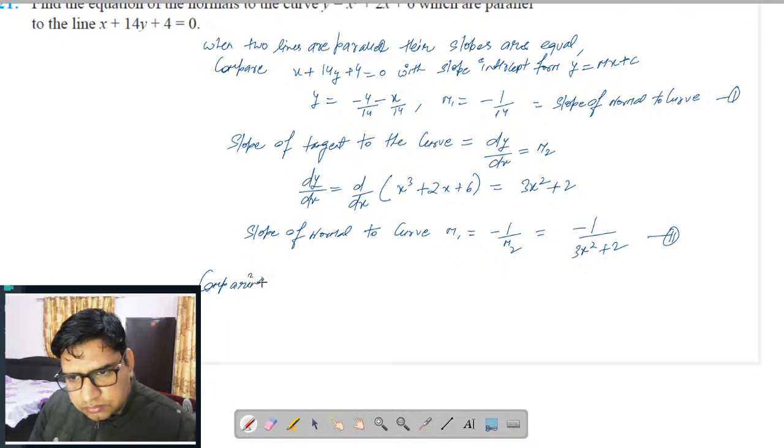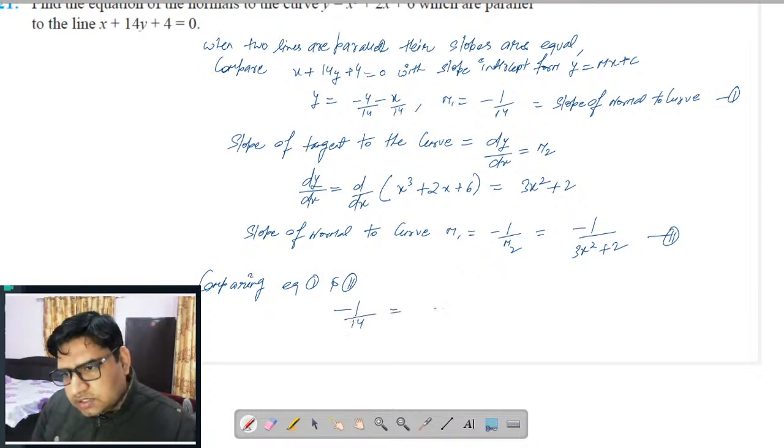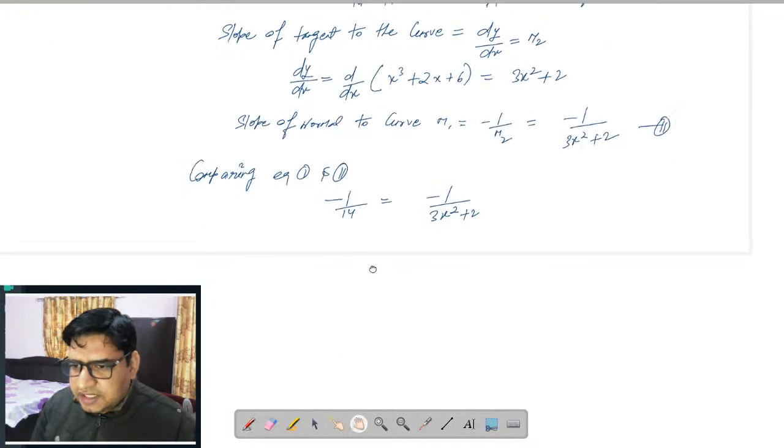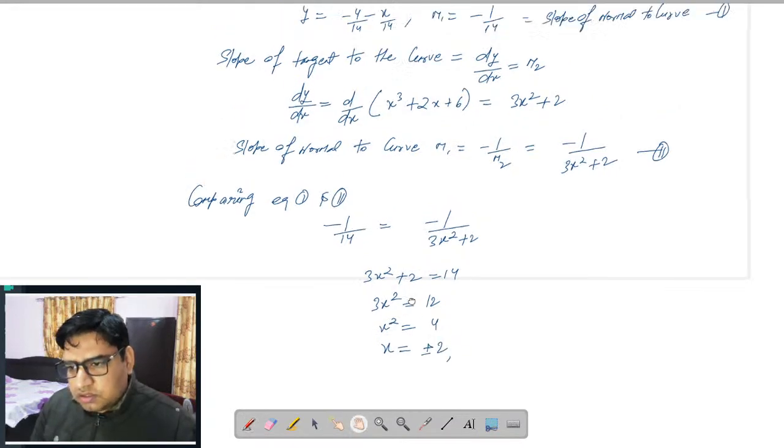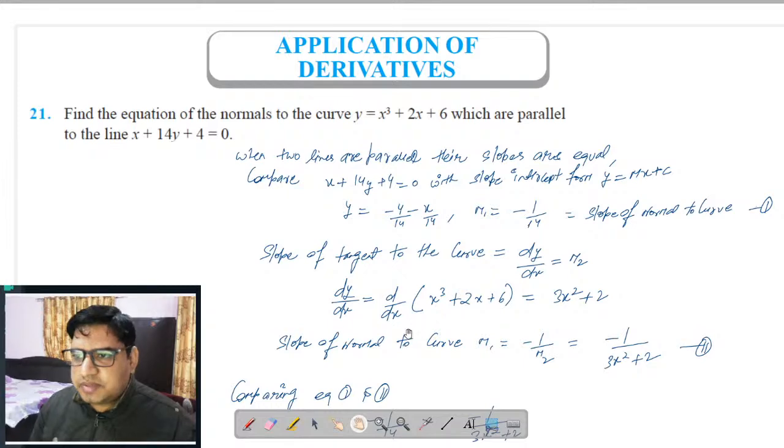Comparing equation 1 and 2, so minus 1 upon 14 is equal to minus 1 upon 3x square plus 2. And it will be 3x square plus 2 will be equal to 14, and 3x square will be equal to 12, and from here we get x square is equal to 4, and the value of x will be plus minus 2.